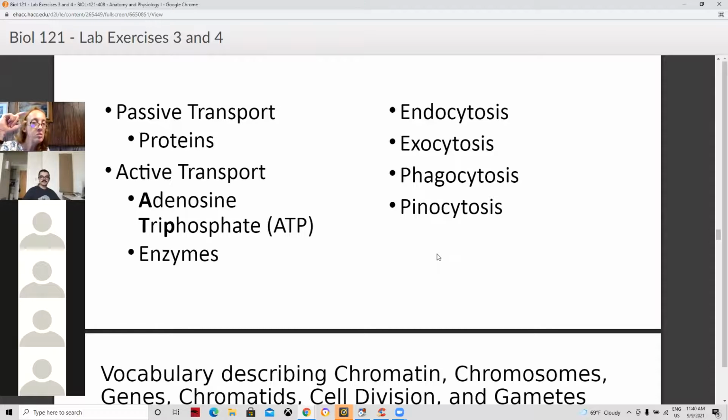So phagocytosis and pinocytosis are forms of endocytosis, bringing things into the cell. Phagocytosis means to bring really big pieces in, and pinocytosis means little tiny pieces, a little bit of sipping versus inhaling and biting something off.